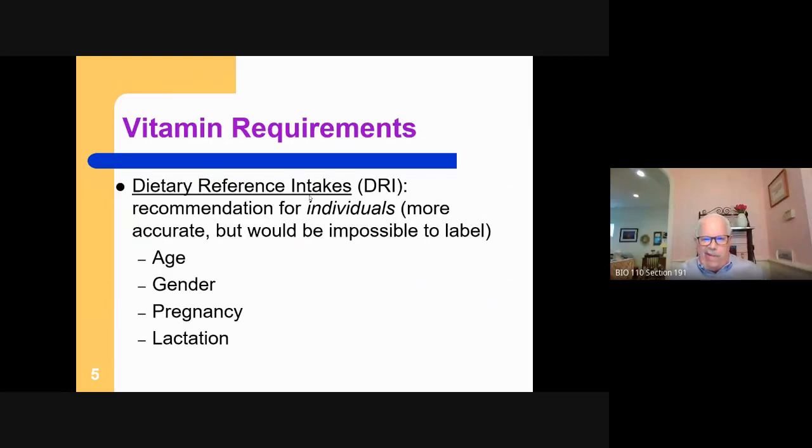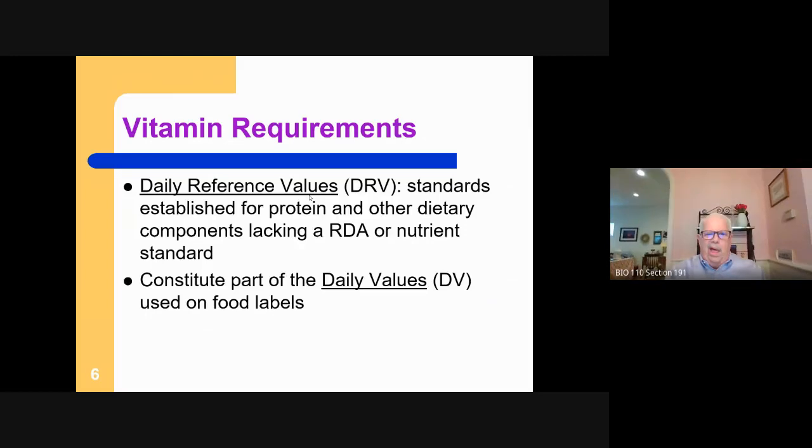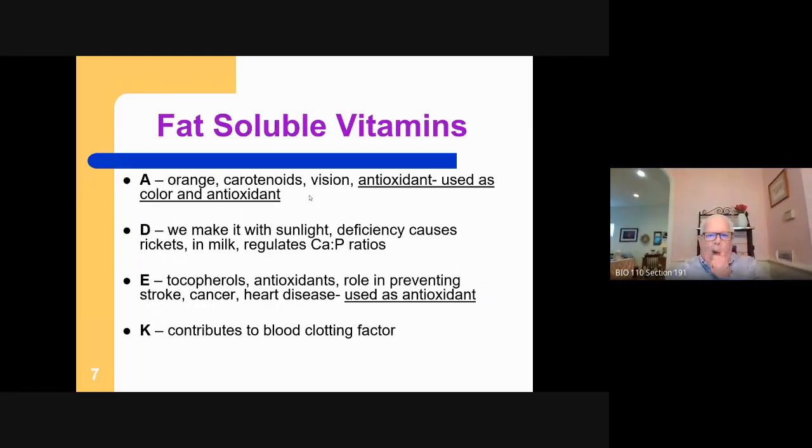If you're breastfeeding, you may need to take extra vitamins. The daily reference value is a standard established for proteins and constitute a part of the label that's on every package of vitamins. Okay? So let's talk about the vitamins.